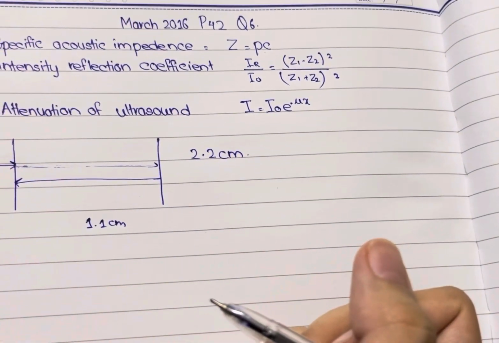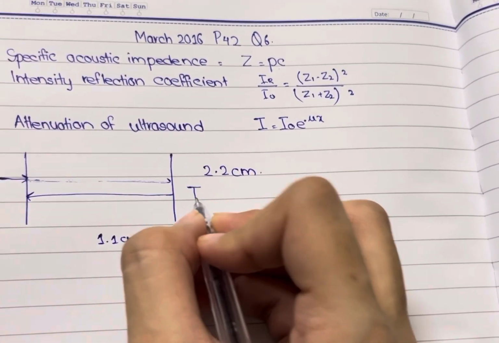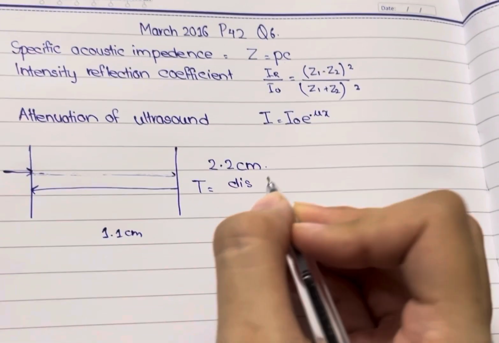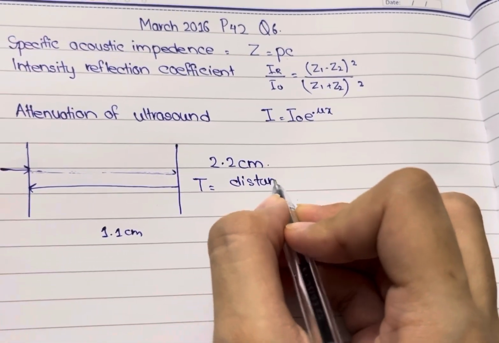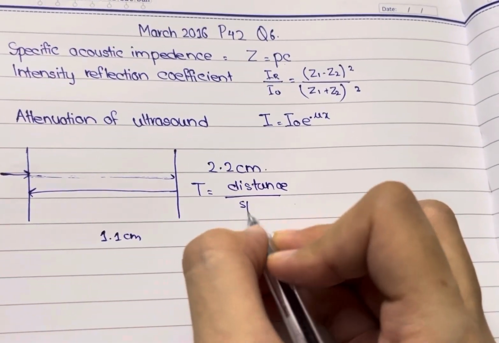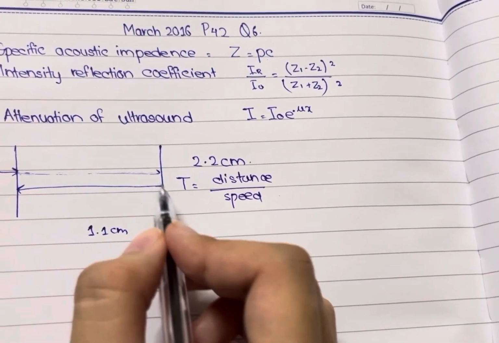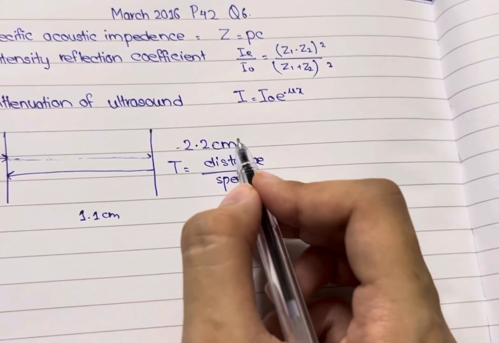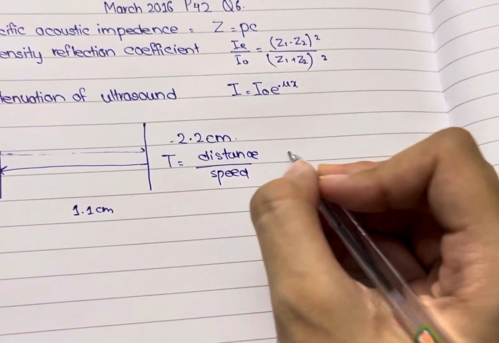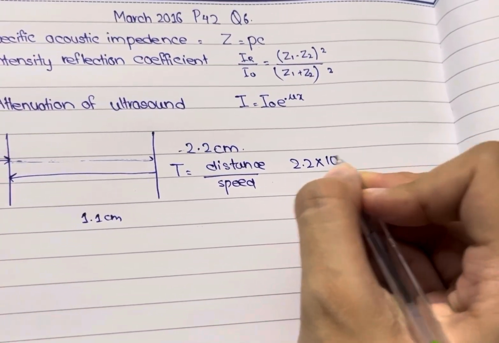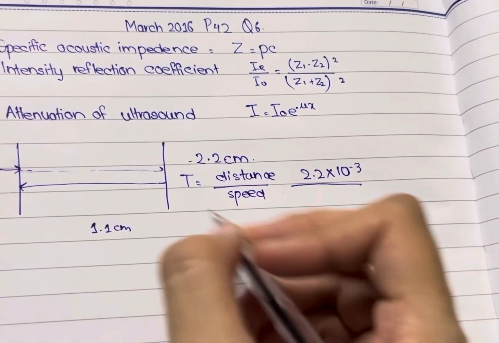Now, when we want to find time, we know that time is distance over speed. So we have the total distance, which is 1.1 plus 1.1, which is 2.2, and then you have to convert it into meters, which is 2.2 times 10 raised to the power minus 3. And then how do we find the speed?